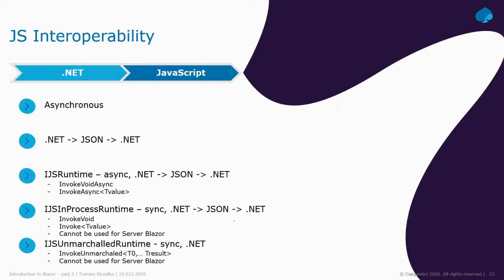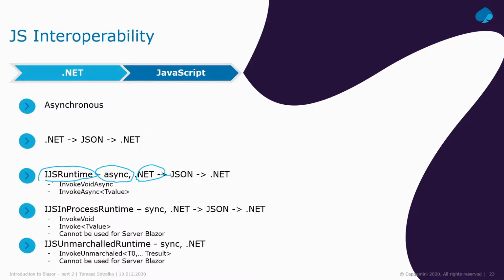But for WebAssembly, if we know perfectly well that our JavaScript is synchronous, we can save some time by calling the synchronous version of the JS runtime, as I showed here. This is the default IJSRuntime, which is asynchronous, and it will serialize .NET objects passed as parameters for the JavaScript function.